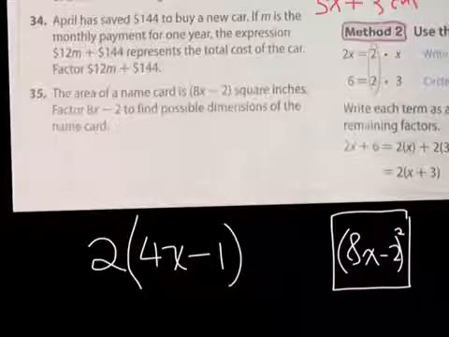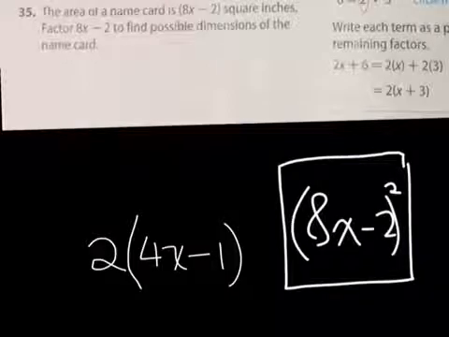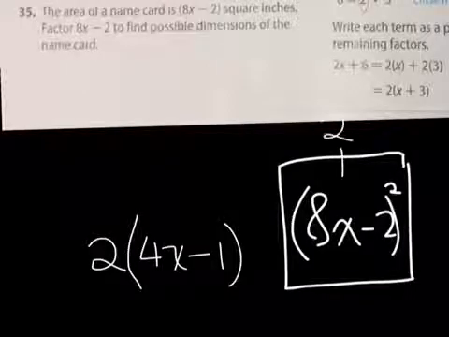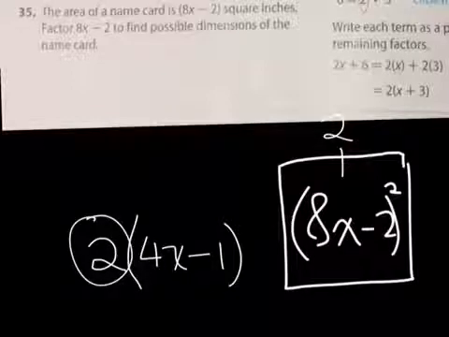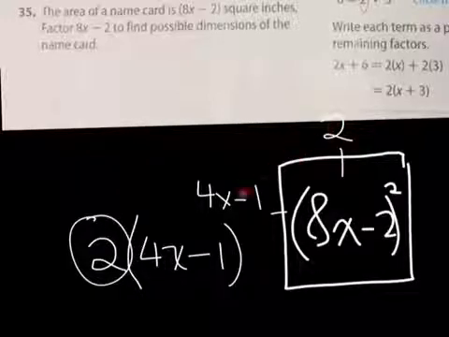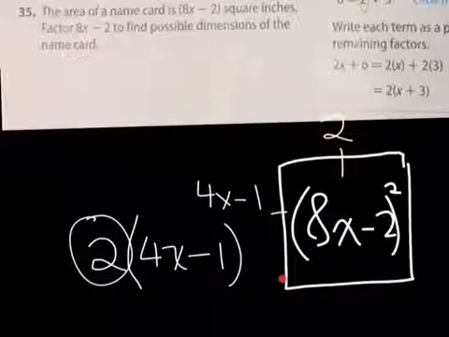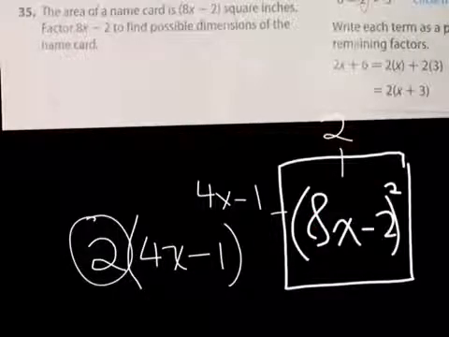So I could say that this side is 2, my 2 right there, and this side could be my 4x minus 1. When I multiply these two together, my length times my width, I will get this area. Does that make sense? All right, boys and girls, we'll practice this further in class. See you then.